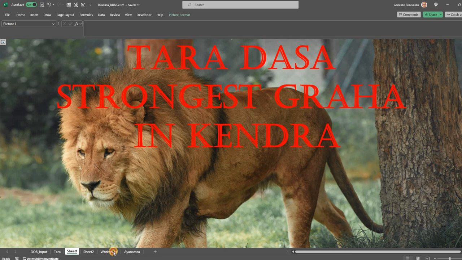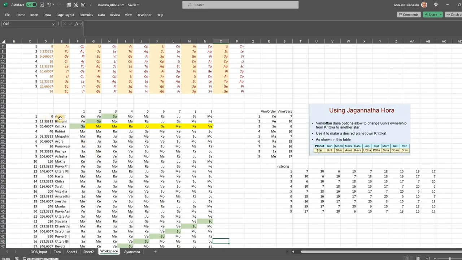We know Ashwini, Bharani, Kritika are the stars, and normally we start with Ketu as Ashwini Lord, Venus as Bharani Lord, and Surya as the Kritika Lord. In Vedic times, the starting point was from Surya itself; Kritika was the starting nakshatra. And if you map Moon to Kritika instead of Surya, then you get another Tara Dasha.